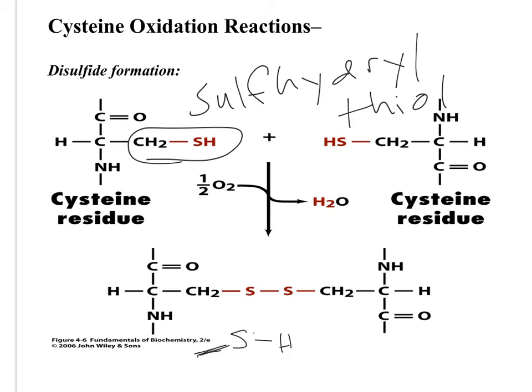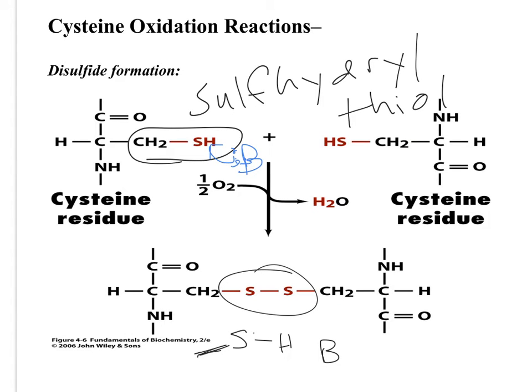And that small molecule, if it has a thiol, is capable of interacting with these. So what you need, and I didn't really draw that up here either, is some kind of a base that can abstract that proton. So now it becomes deprotonated.